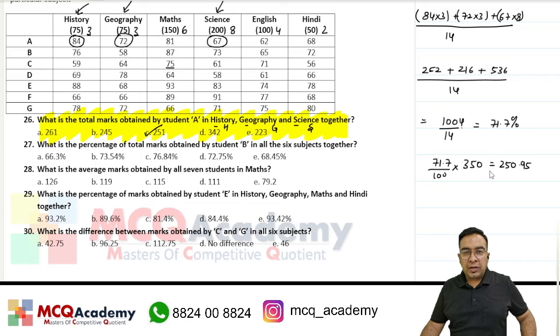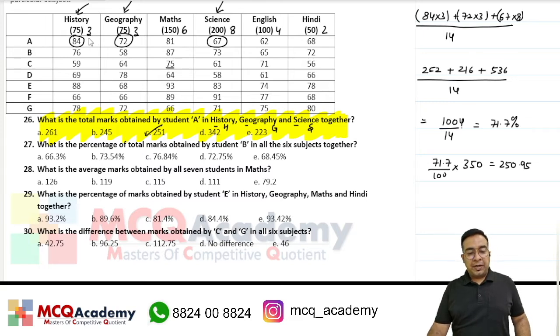फिर से देखिए हम लोगों ने किस तरह से weighted mean को calculate किया. We assigned the weights by way of calculating the ratio of the maximum marks. तो हमने सभी के maximum marks को 25 से divide किया, so that we get 3, 3, 6, 8, 4 and 2 for these subjects individually. Then we multiplied the individual percentage of these subjects with their individual weights.